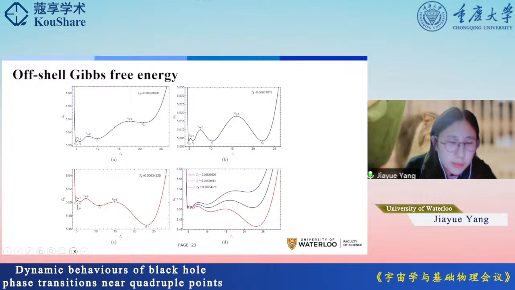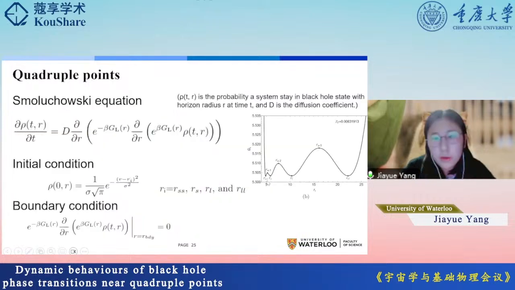distribution. And to solve this equation numerically, first we need to set some initial conditions and also boundary conditions. For the initial conditions, we assume that our initial state is peaked at one of the four stable phases, for example, it can be RSS or RS or RL or RLL.